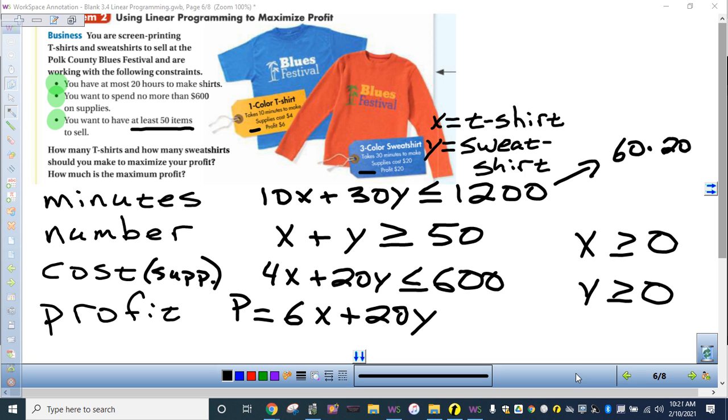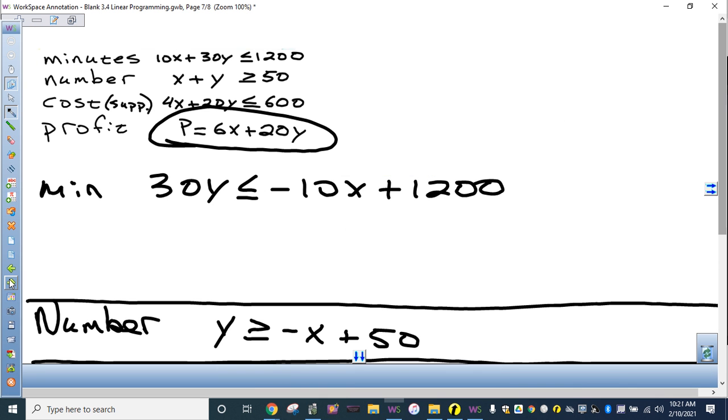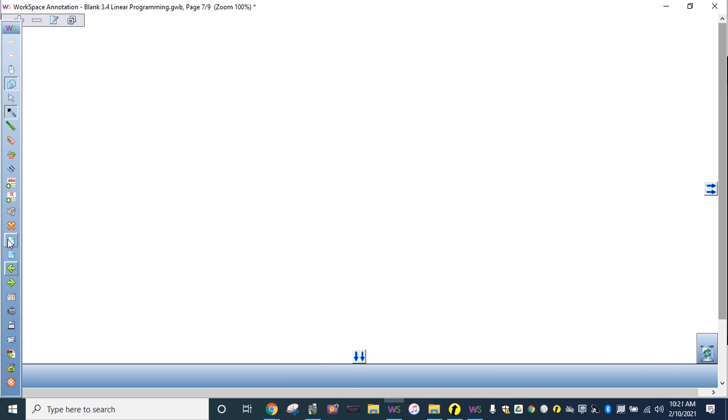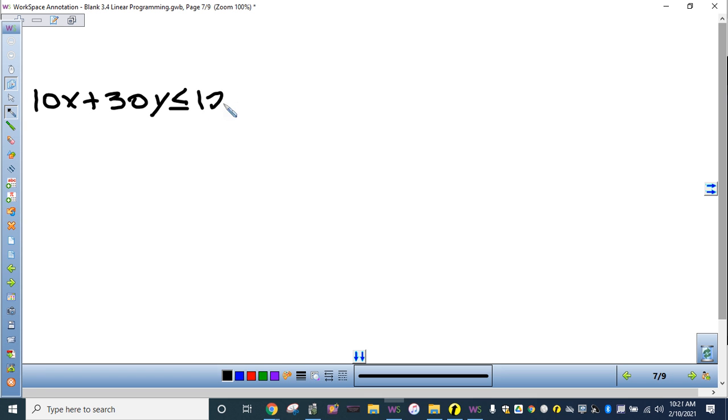Okay, so now we're going to solve all these for y. New page here: 10x plus 30y less than or equal to 1200. There's the first one I'm going to solve.